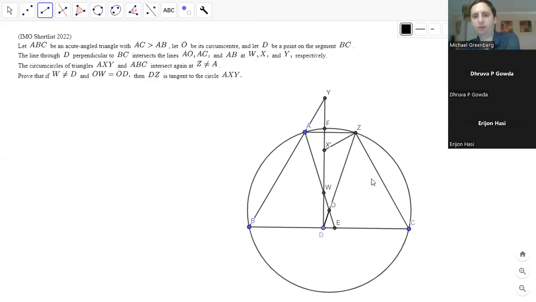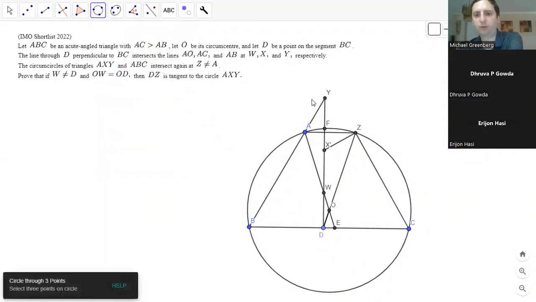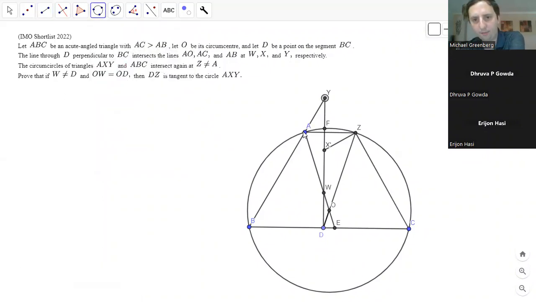And I think it's easy to show that that's angle AYX prime. So then that would show that these are cyclic. And then once we show these are cyclic, maybe we could show A, X prime and C are collinear. To do that, we could try to show BAX prime as BAC.